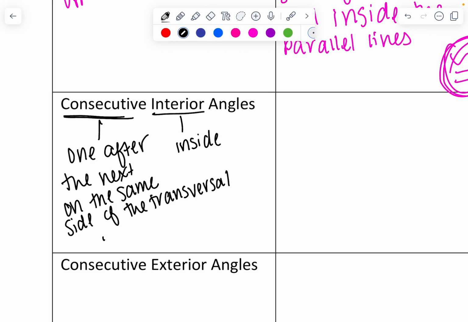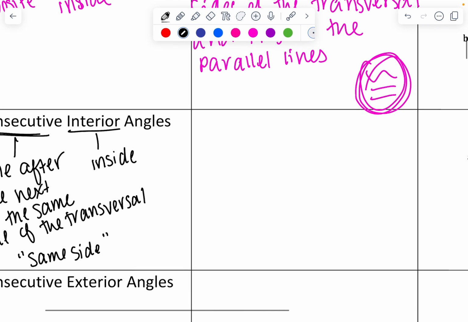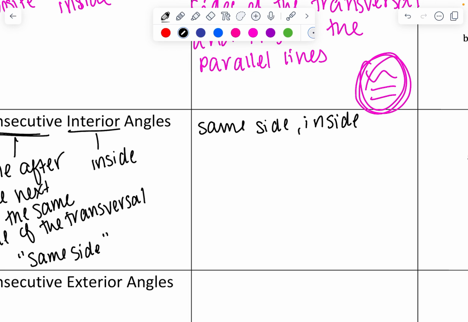Okay, you might also hear this as same side interior or same side exterior. It means the same idea, okay? So we'll just call it this: same side, inside the parallel lines.